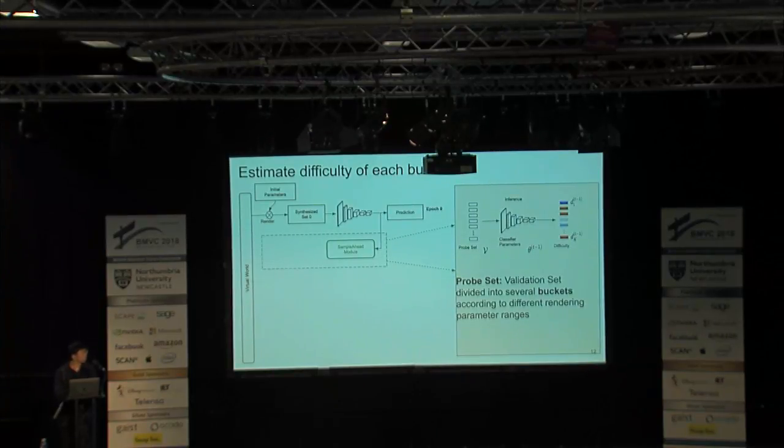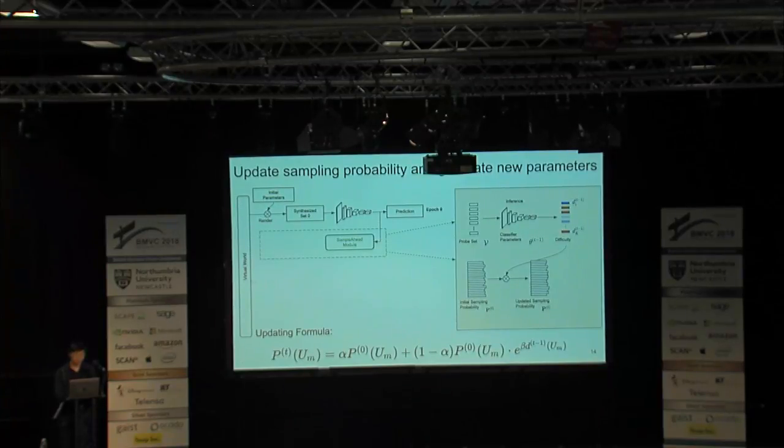By evaluation, we can approximate the difficulty of each bucket. Combined with the initial sampling probability of the rendering parameter, we can update the sampling probability according to this formula so that buckets of rendering parameters with less difficulty are sampled less. Then the exact rendering parameters are uniformly sampled within each bucket. Thus, we obtain a new set of rendering parameters.